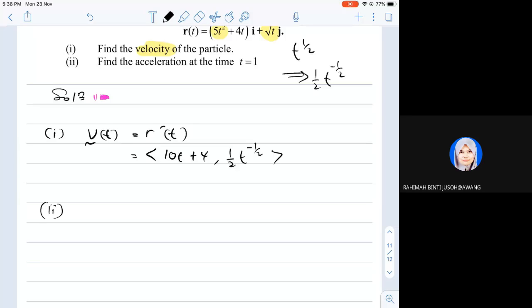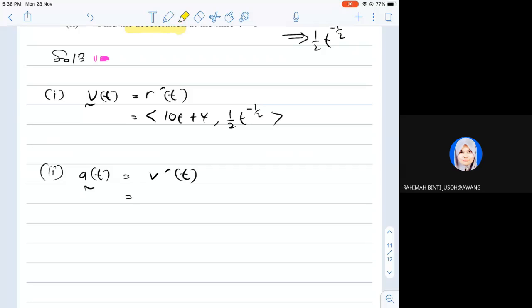Second question, A(t), acceleration. We need to do what? Differentiate velocity. Yes, good. Differentiate the velocity. So we differentiate this. Differentiate again.